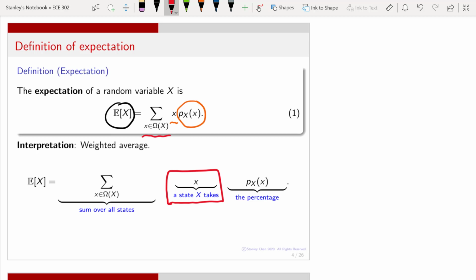And so when we are writing the summation over all the possible small x, this small x refers to a state. And then here you have the probability mass function evaluated at this state. Okay, and so now when you multiply them together, you're really taking the weighted average of the state and also the chance of happening, and then you sum over all the possible states.